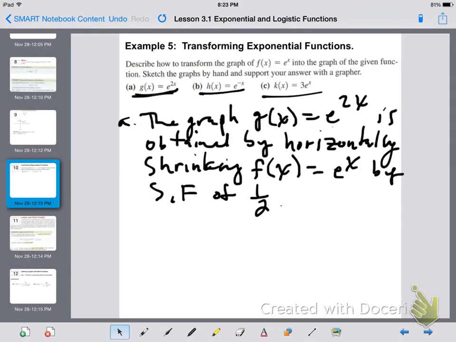In B here, this is e raised to the negative x, so the x is being multiplied by -1, which means that we're going to have a reflection across the y-axis.